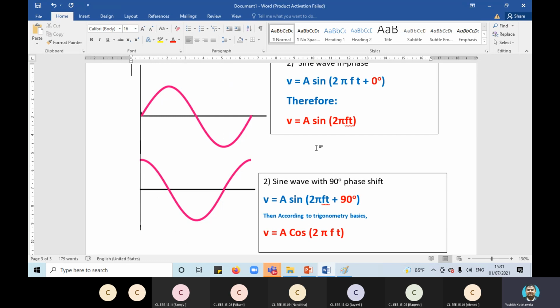Now see, students, A sine 2 phi ft represents these sort of simple sine waves. A cos 2 phi ft represents these sort of sinusoidal signals. That is just a 90 degrees phase shifted sinusoidal signal.